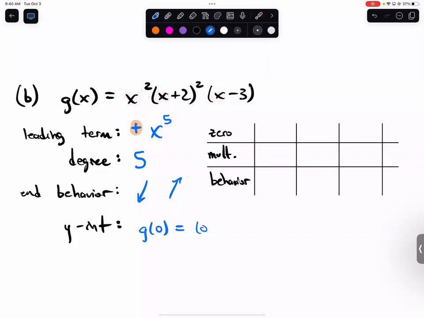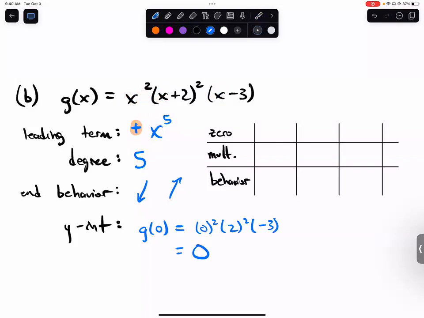So this would be 0 squared times 2 squared times -3, but who cares? It's 0. So there's a point at (0, 0). And whatever else happens, the ends are going to look like that.